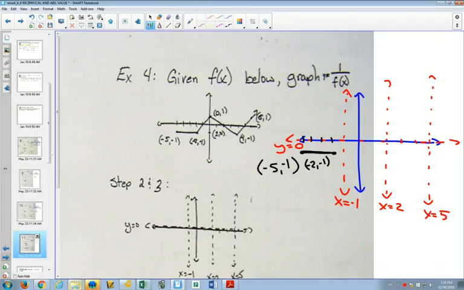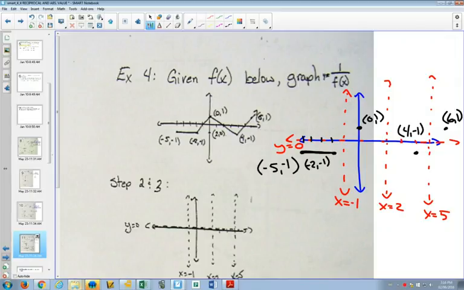We have 0, 1. That point's not going to change. We have 4, -1. That point's not going to change. And we have 6, 1. That point's not going to change.